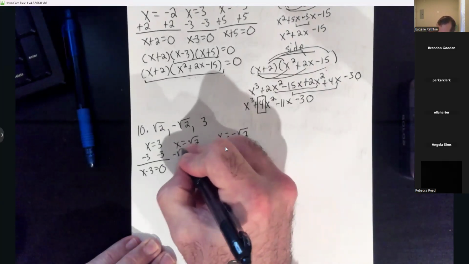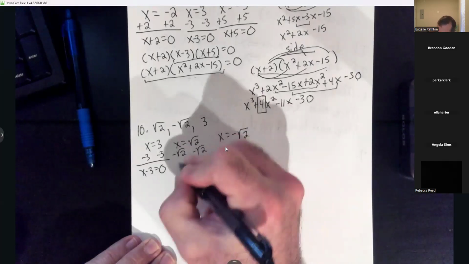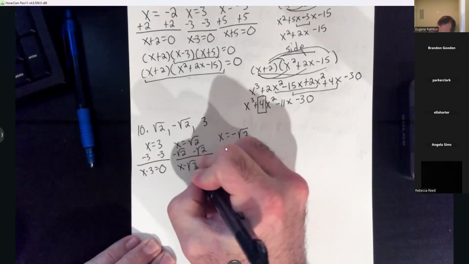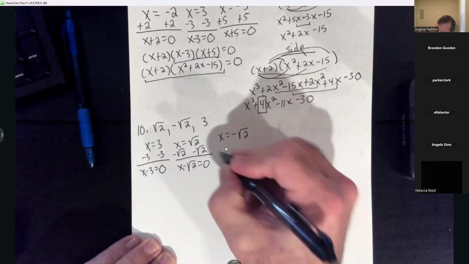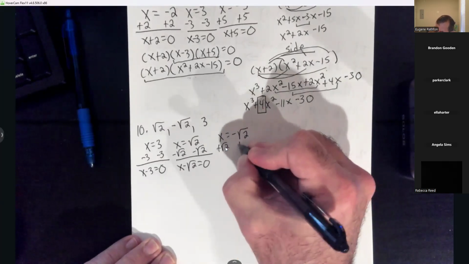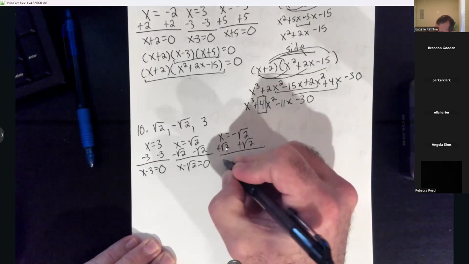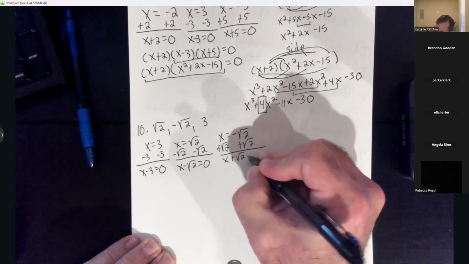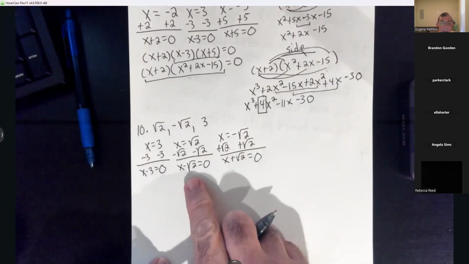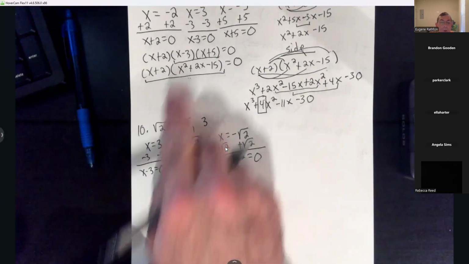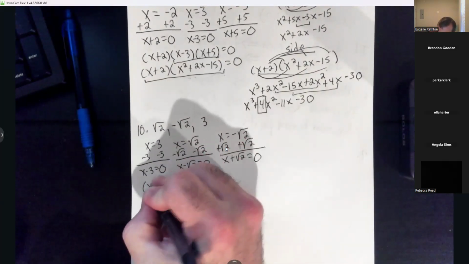I'm going to subtract the square root of 2. And then here we're going to add the square root of 2. All right, same thing I did here. I'm going to put them all in parentheses.